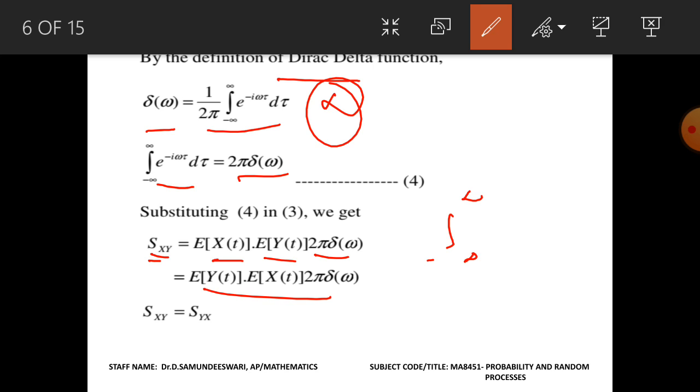Using the formula integral from minus infinity to plus infinity of ryx of tau into e power minus i omega tau d tau, using the same procedure you can get again the same value. So Sxy and Syx are nothing but expectation of y of t into expectation of x of t times 2 pi delta of omega, if both x of t and y of t are uncorrelated.